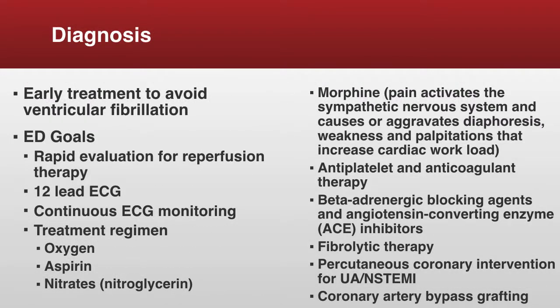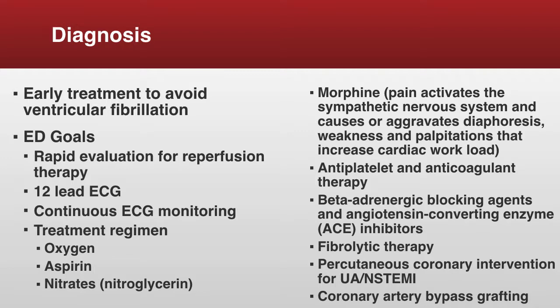An early diagnosis is especially important because the earlier treatment is instituted, the greater chance is that they'll avoid ventricular fibrillation. The ventricular fibrillation tends to be the reason why most people die of an MI.